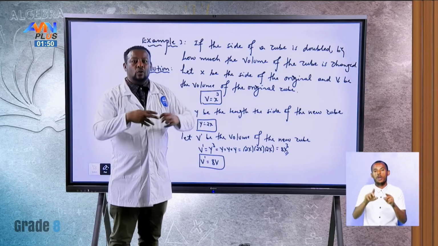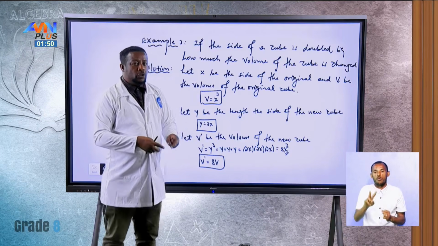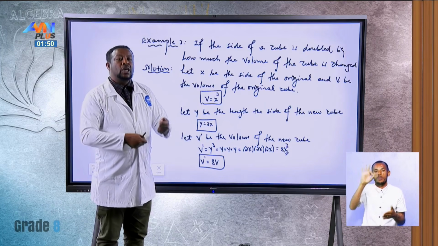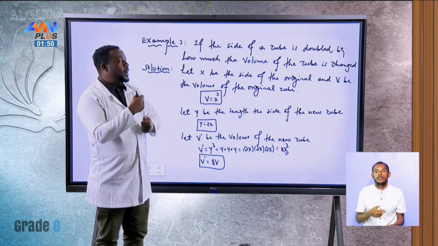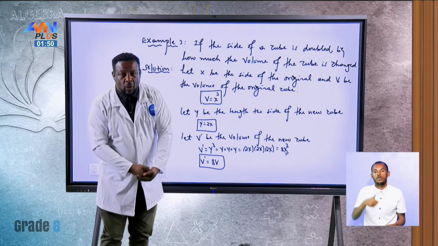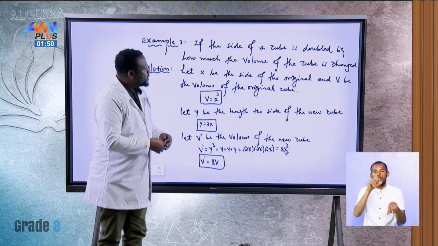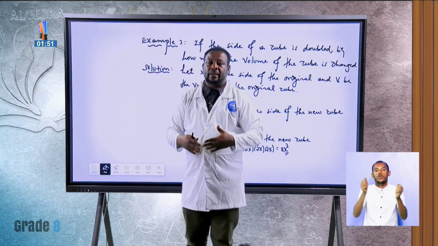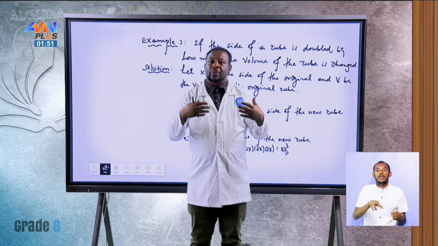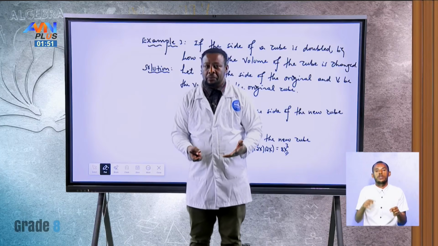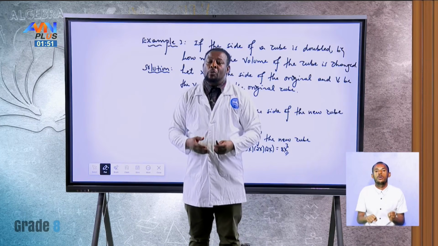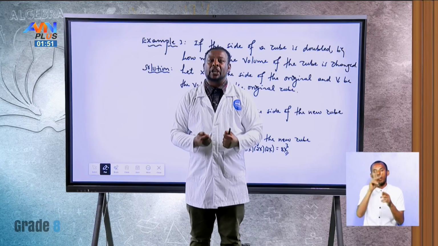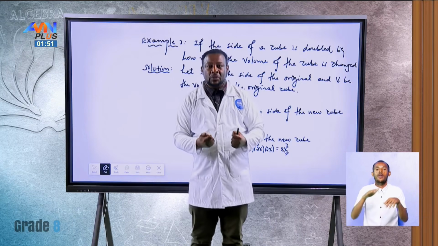Whenever you compare those two volumes, you can see that the newly obtained volume becomes 8 times the original one, okay? So this is how we calculate problems related to squares and cubes. I hope you got some more interesting and practical applications of squares and cubes.